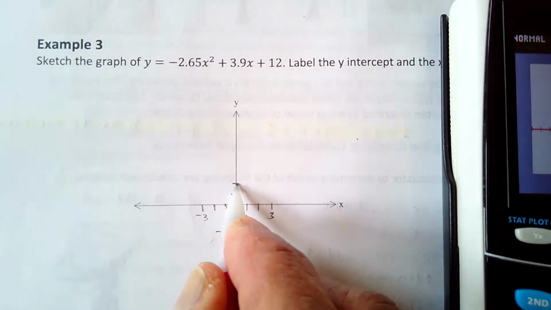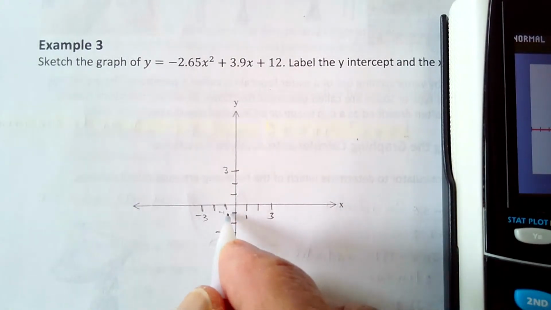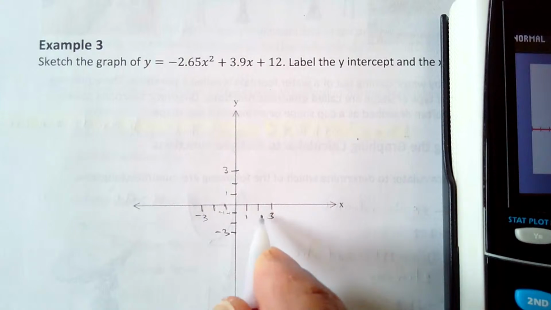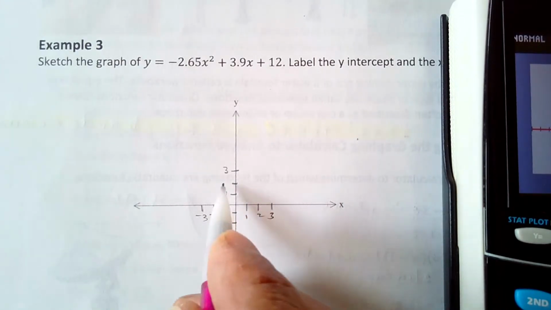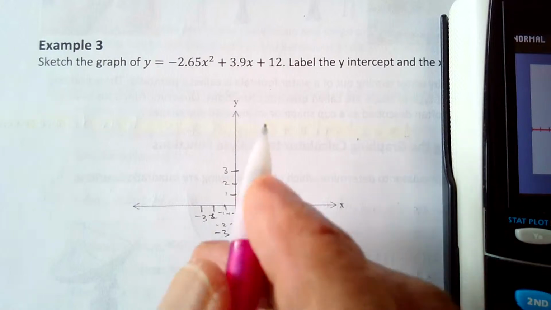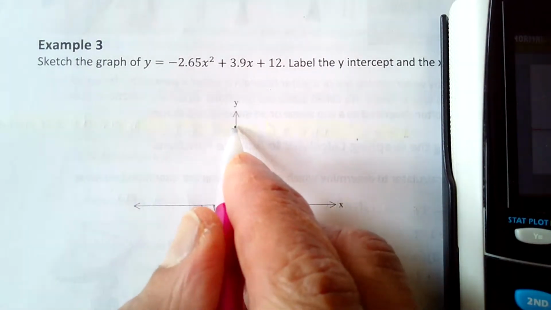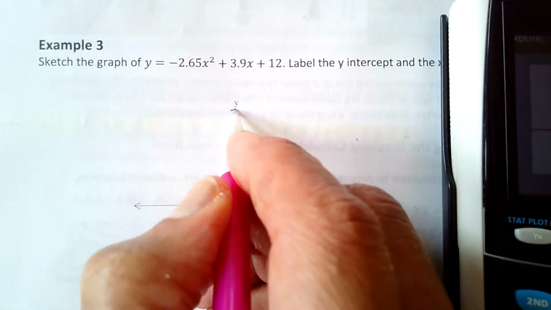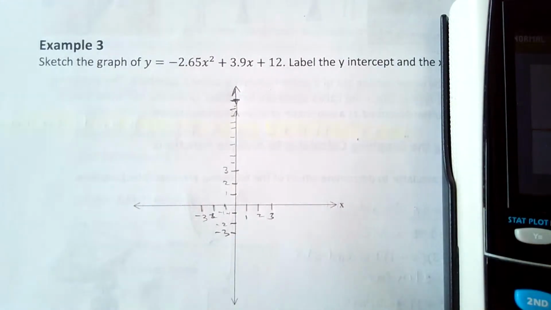We have 1, 2, 3. This goes up, we know, to 12: 1, 4, 5, 6, 7, 8, 9, 10, 11, 12. So this graph goes up higher.